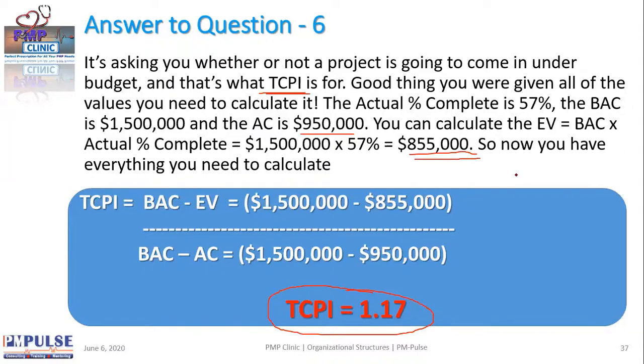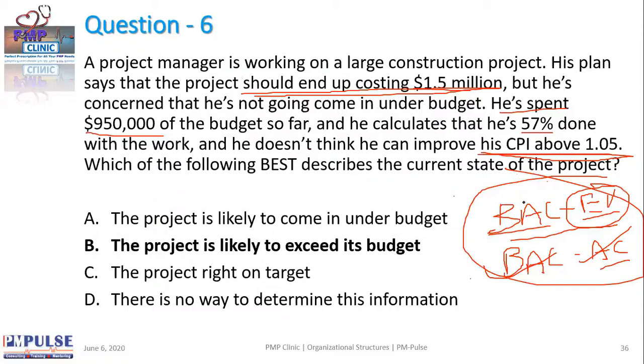Now, what was the speed that I cannot go beyond? And the answer is I cannot improve above 1.05. But my required speed is 1.17, which means I will be over budget. I will not be able to perform at the required speed or CPI, and I have a lower speed. I will absolutely exceed budget.